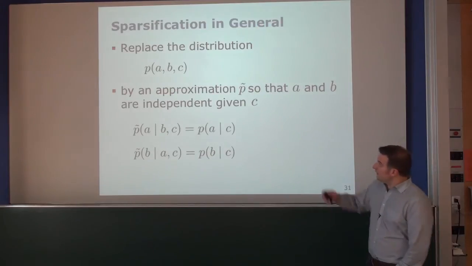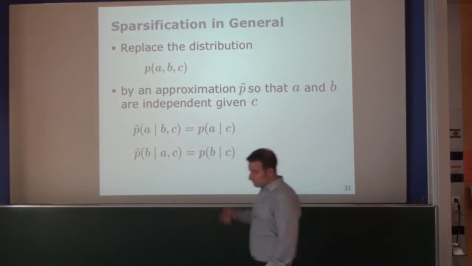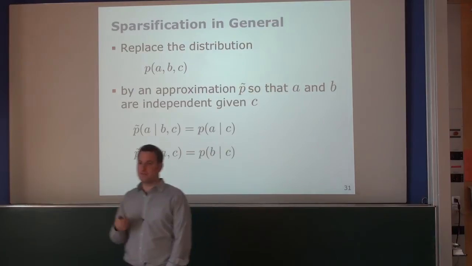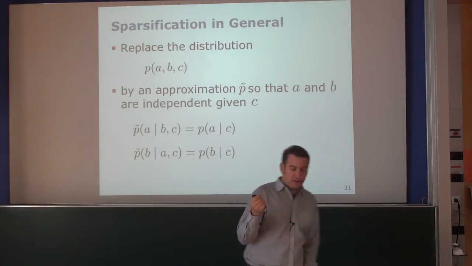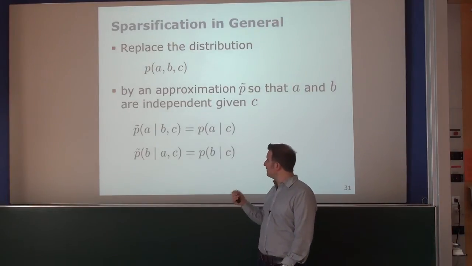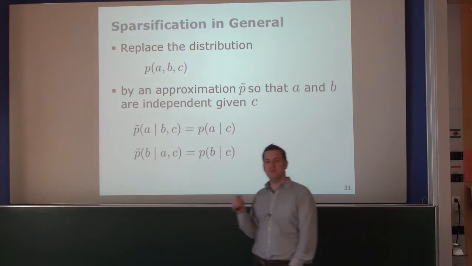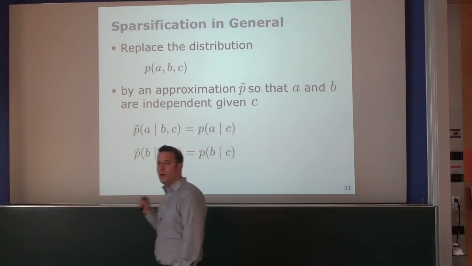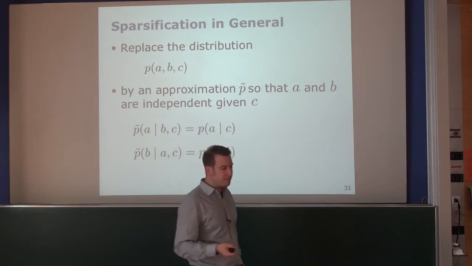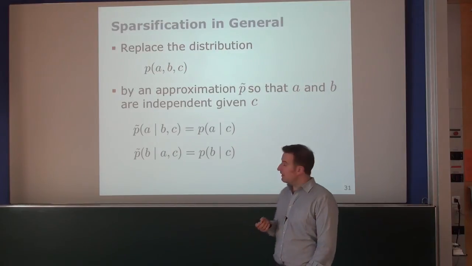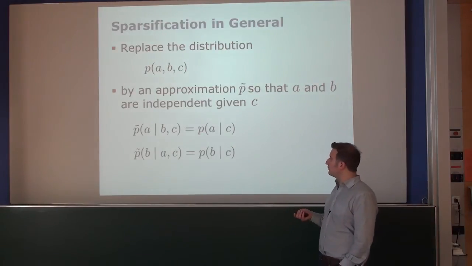If you have a distribution which consists of 3 random variables, let's call them A, B, C over here, this approximation, this sparsification, means replacing this P of A, B, C with a different distribution, an approximation of that distribution, by assuming conditional independence.